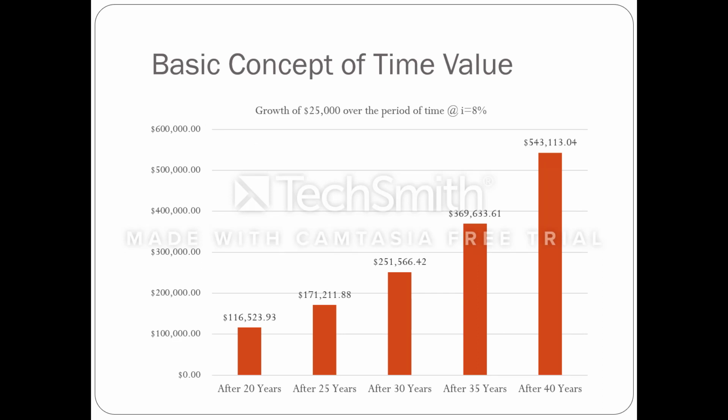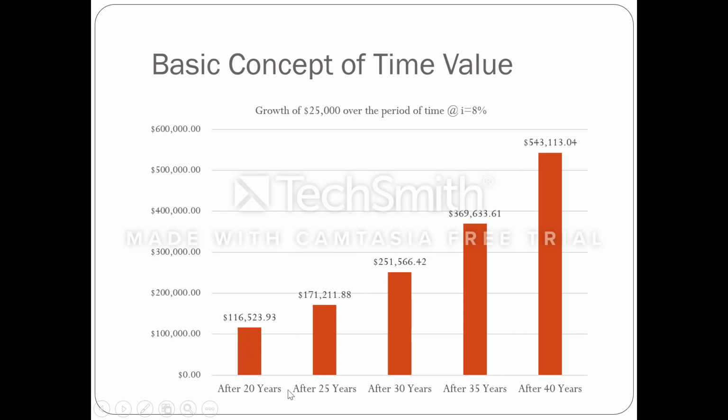If you invest $25,000 at an 8% interest rate, after 20 years, that 25,000 will grow to almost $116,523. And after 40 years, 20 years more, it will grow to $543,113. So you can see there is exponential growth. It's not a linear relationship, right?